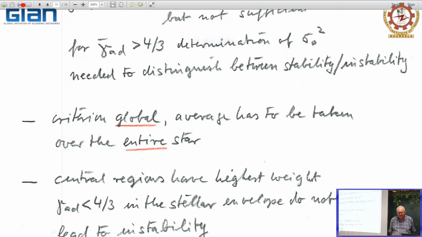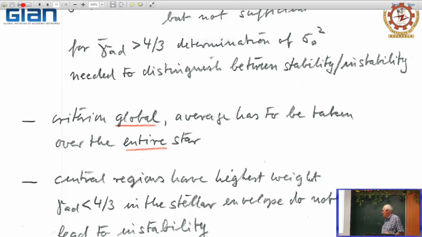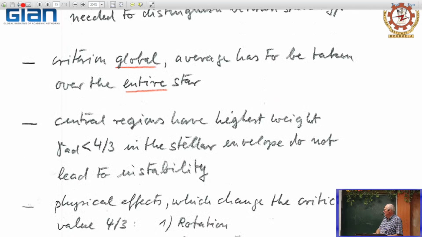Central regions have the highest weight, and gamma adiabatic below 4/3 in the stellar envelope does not necessarily lead to an instability.